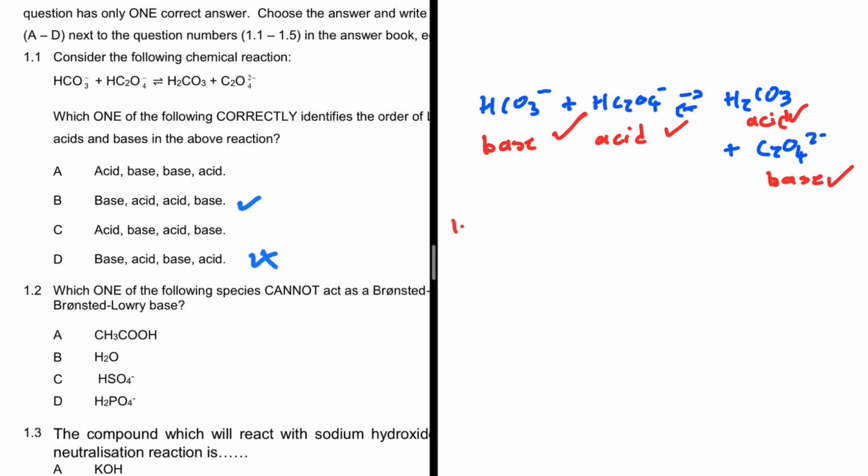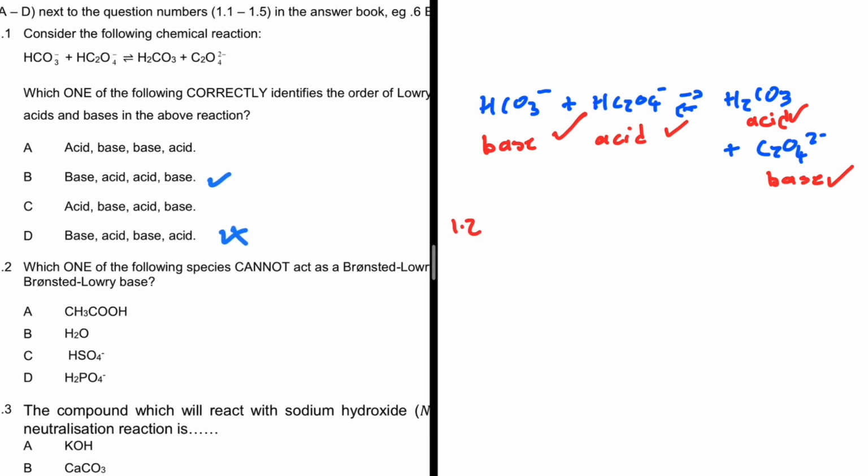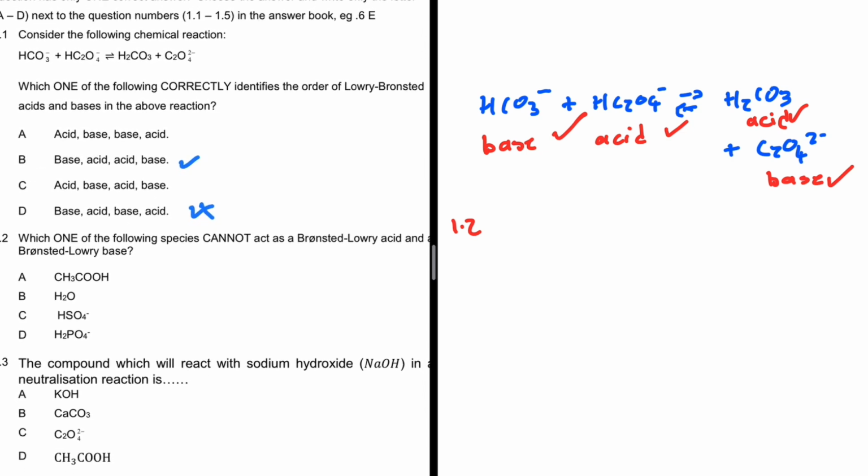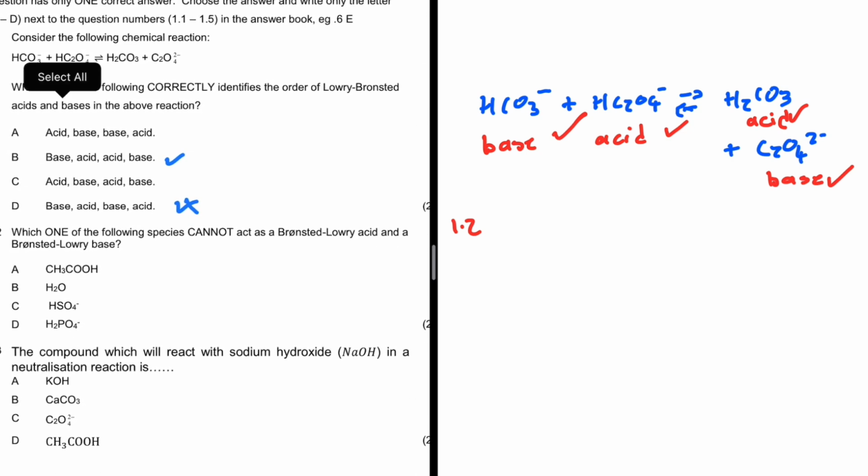What about 1.2? Let's go ahead and take a look at that. Which of the following species cannot act as a Brønsted-Lowry acid and as a Brønsted-Lowry base? Cannot. I was thinking can, right? So we are looking for a species which is not amphiprotic.